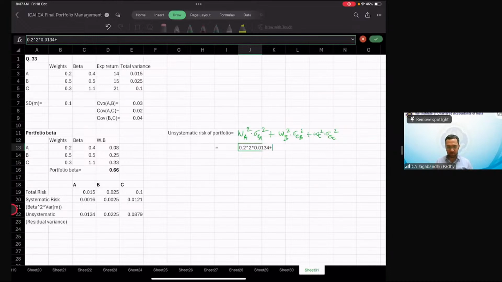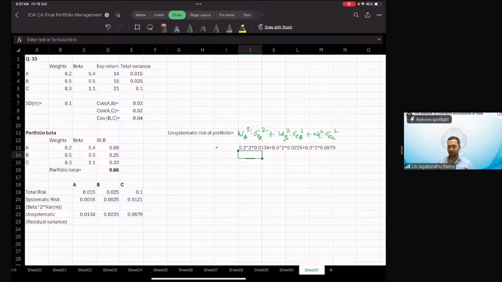Weightage is 0.5, so that will be 0.5 square into variance of error of B. Now variance of error of B is 0.0225 plus weight of C. Weight of C is 0.3, 0.3 square into variance of error of C. The variance of error of C is 0.0879.